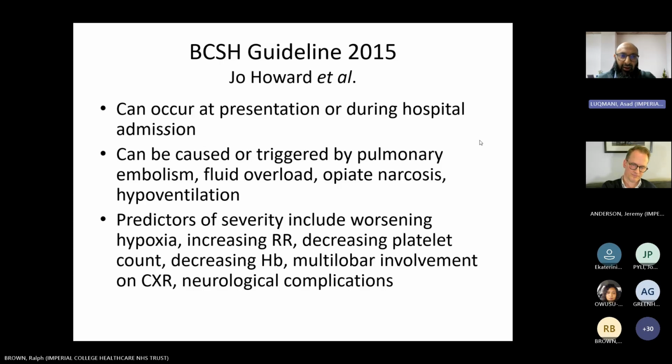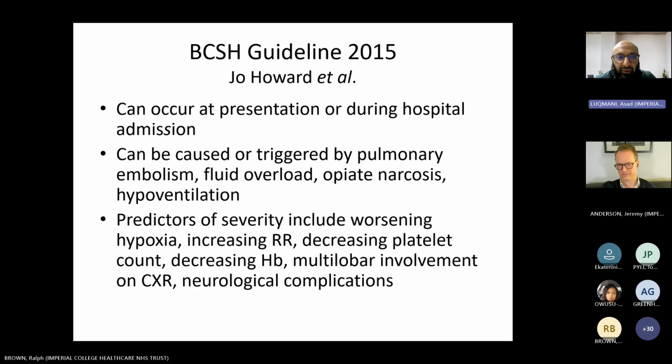So that highlights the importance that patients, once they're admitted, need to be constantly reviewed and assessed for any further complications, particularly respiratory complications. And acute chest syndrome can be triggered by PE, fluid overload, opioid toxicity, hypoventilation.